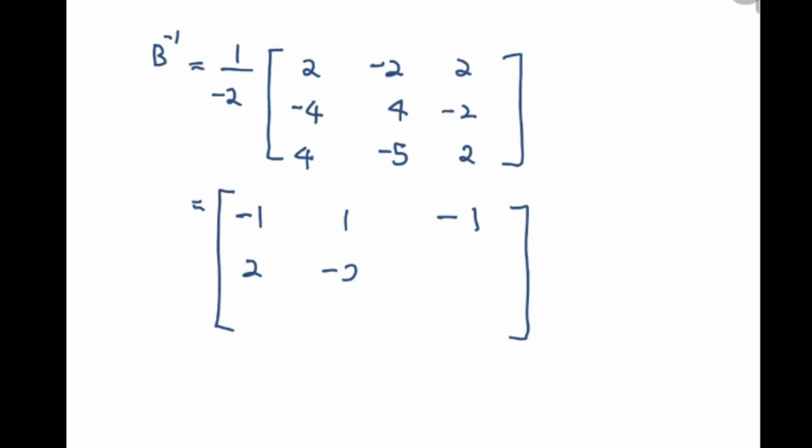That gives 2, negative 2, 1, negative 2, 5 over 2, and negative 1. Okay, that's how you find the inverse matrix by using the adjoint method.